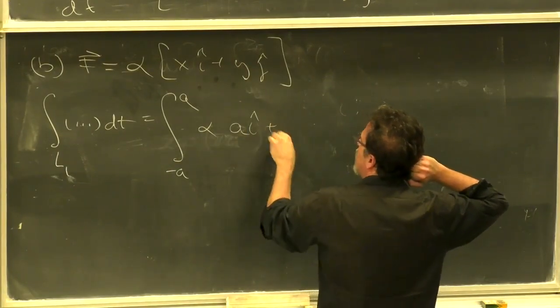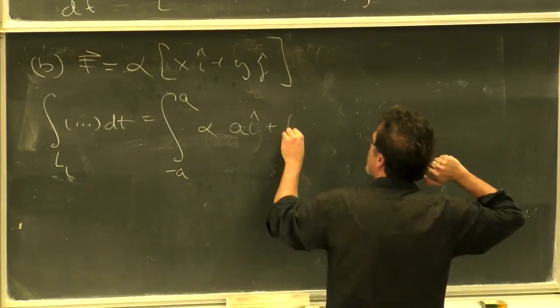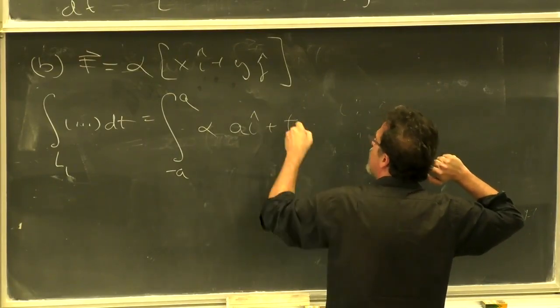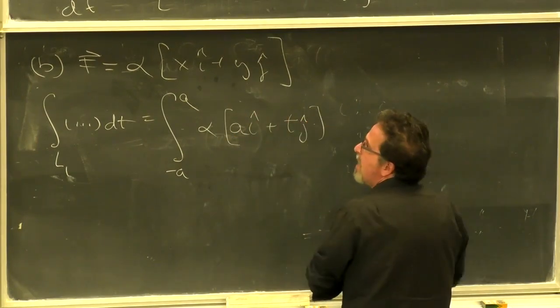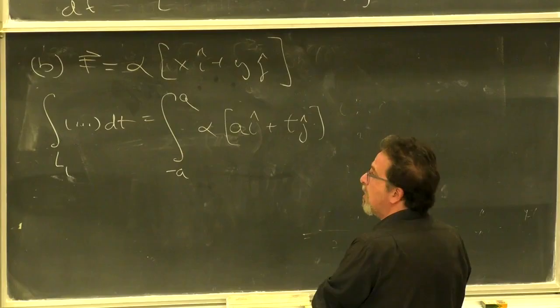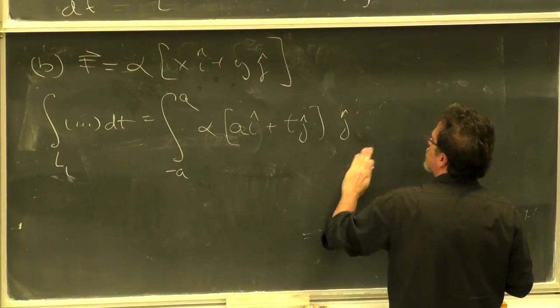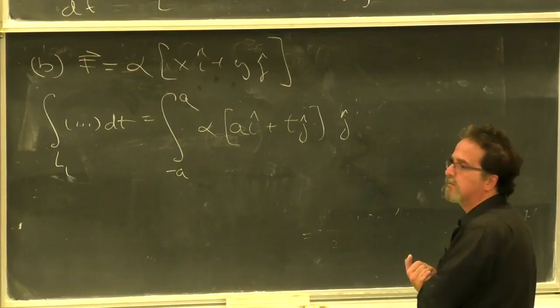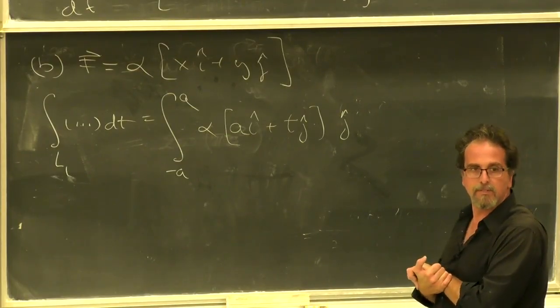But y of t is t j hat. So y of t is t. And so I have to multiply that by j hat. So I have t j hat. And then dr/dt on this curve, again, is j hat. You see that?